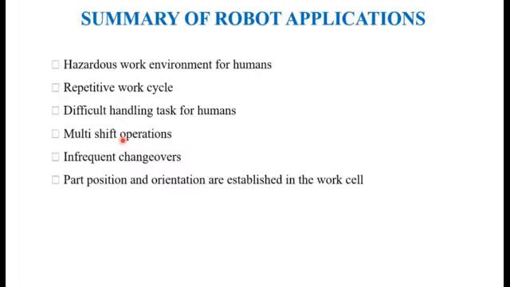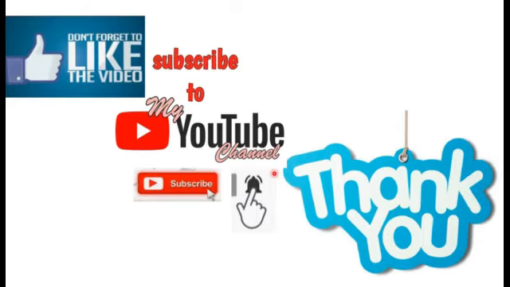Then infrequent changeovers, whenever there are infrequent changeovers in the scheduling or positioning of production, these robots are used. Then part position and orientations are established in the work cell. So these are the various points where these robots can be used.